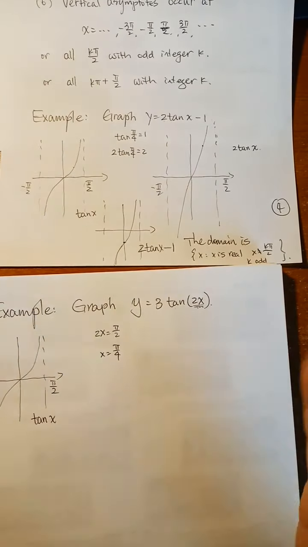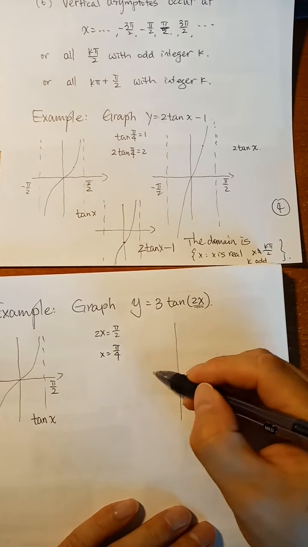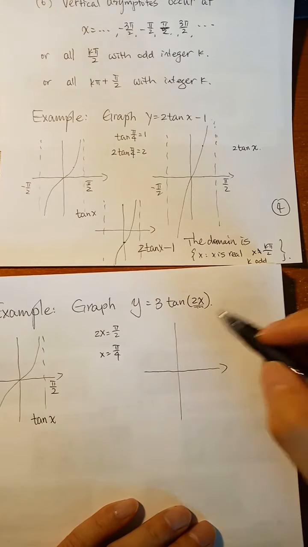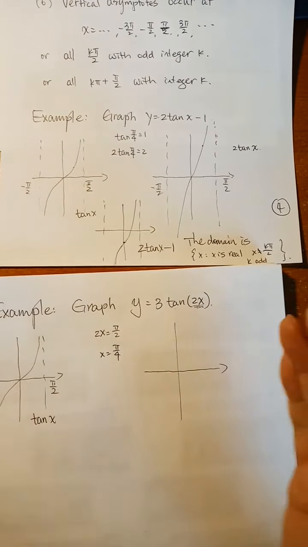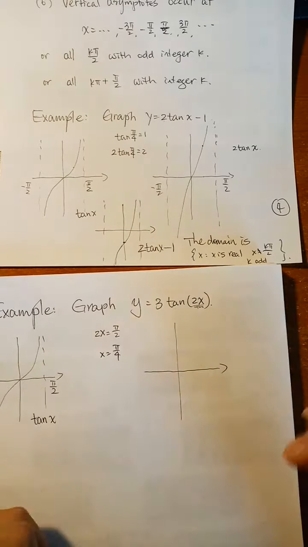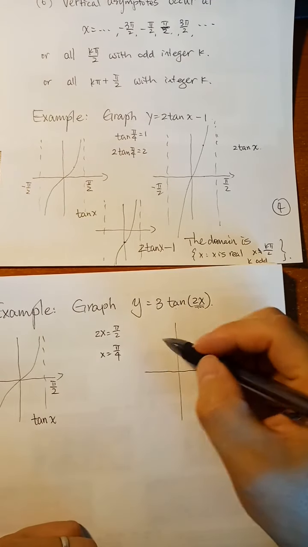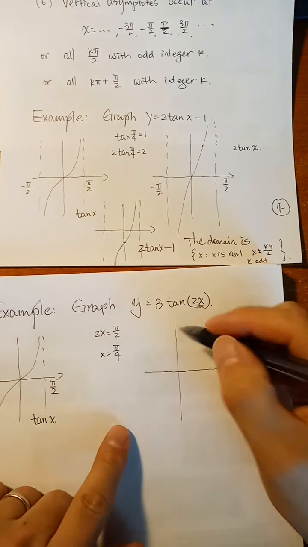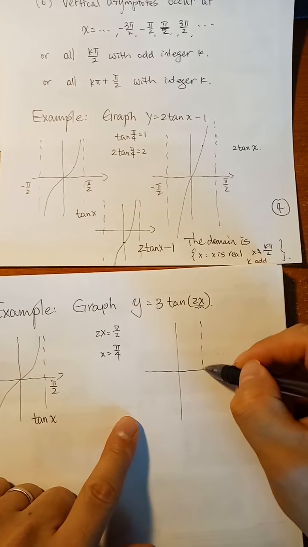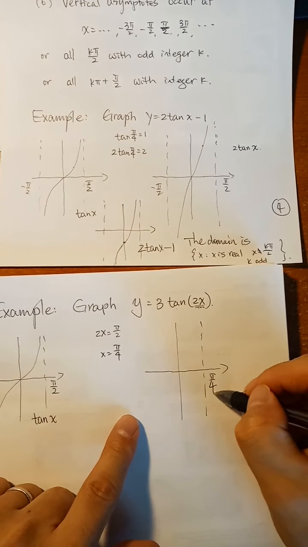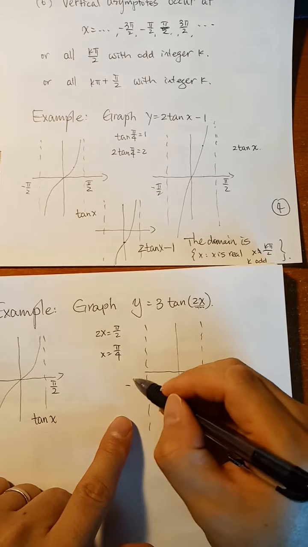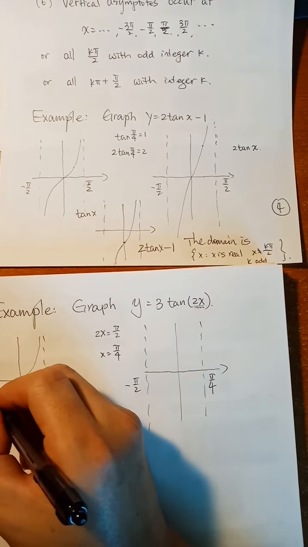So this number 2 actually does not change the graph a lot, but it shrinks the domain of the function over this one period. So you can more or less get the same graph, but you have to change the label.